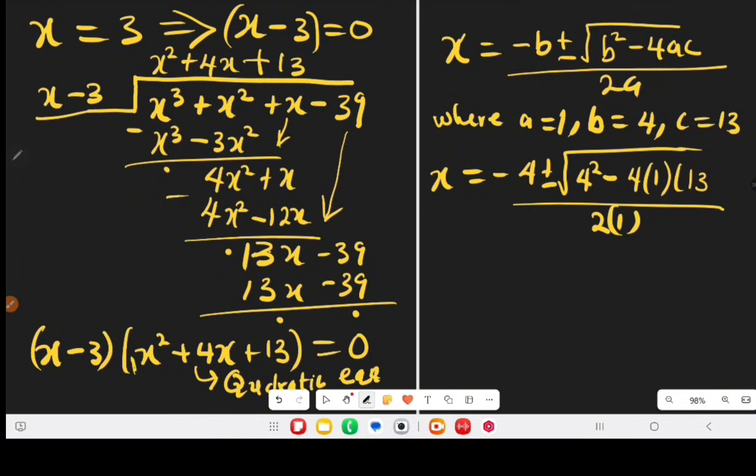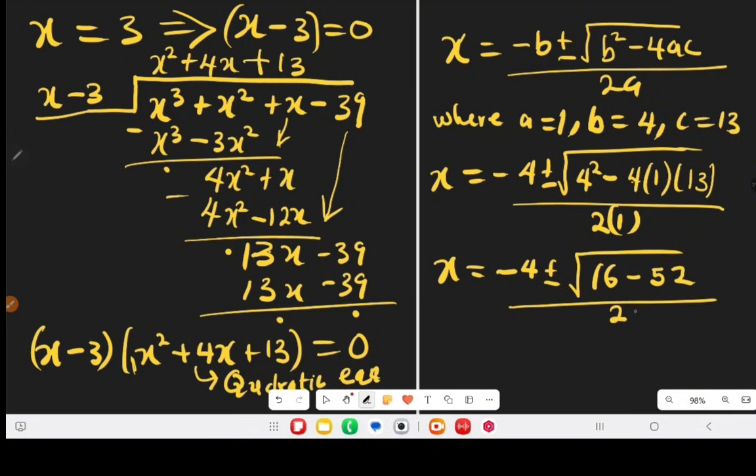Then if we continue, we are having x is equal to minus 4 plus or minus square root of 16 minus 4 times 13, which gives us 52, all over 2.